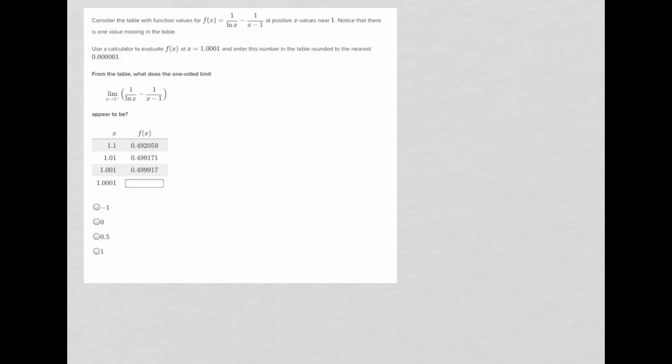This is quite simple, finding a limit from a table. Remember, the limit of a function as x approaches some number is whatever the function approaches. So if you plug in values that get closer and closer to 1, then the limit as x approaches 1 will be whatever the y values get closer and closer to.